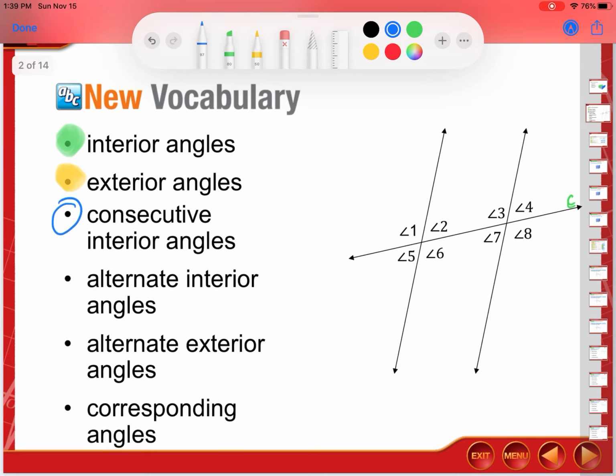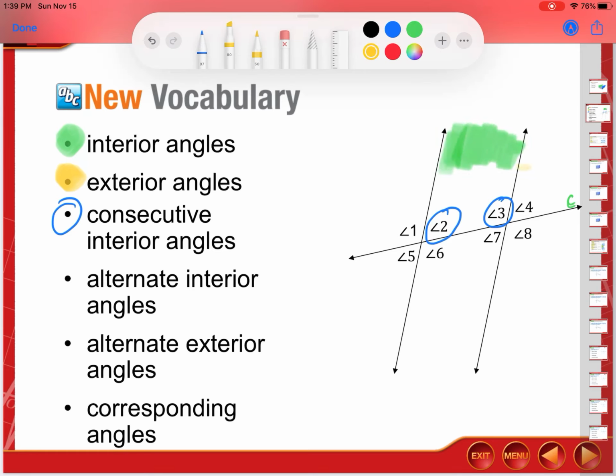An example of consecutive interior angles would be angle 2 and angle 3. They have to be on the same side of the transversal, so both of these are above that transversal C, and they're both on the inside as well.